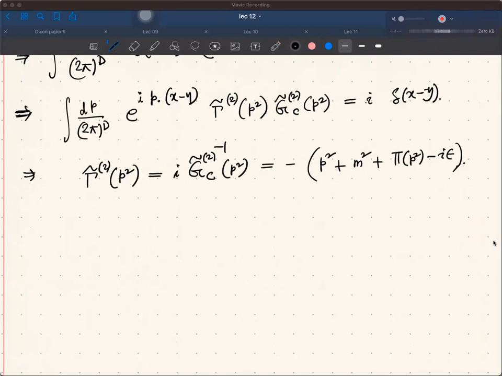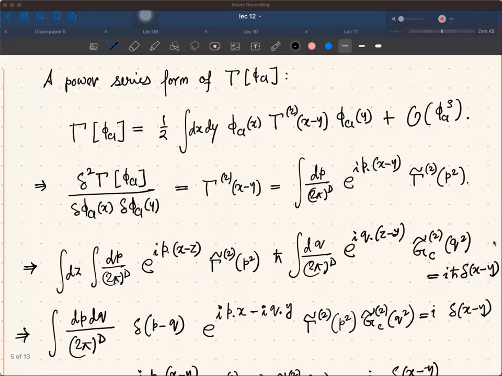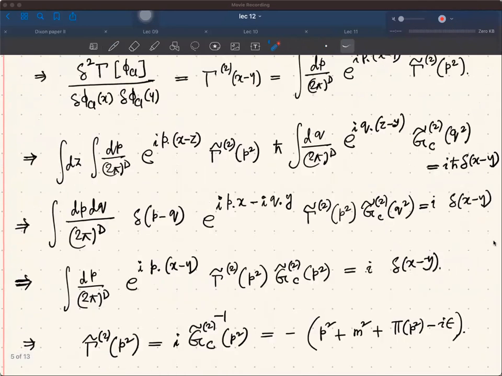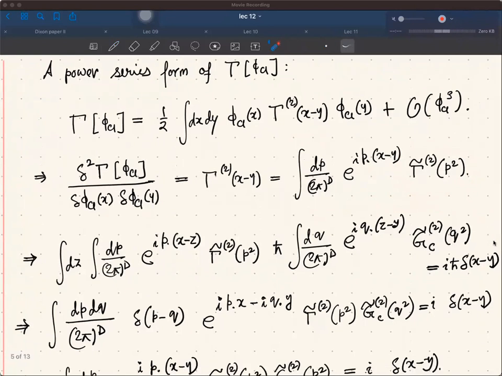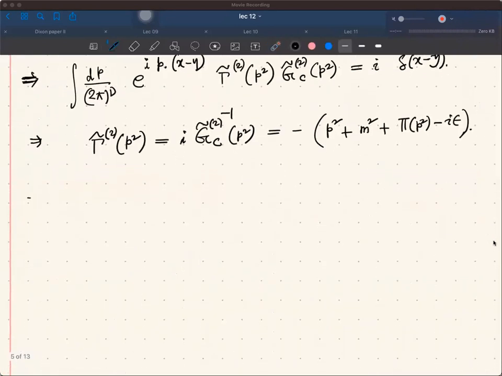You substitute it back in the expression of Γ. This is γ₂(x−y). γ₂(x−y) has this expression, and we have got this expression right now. So substitute all of this in the expression for Γ.